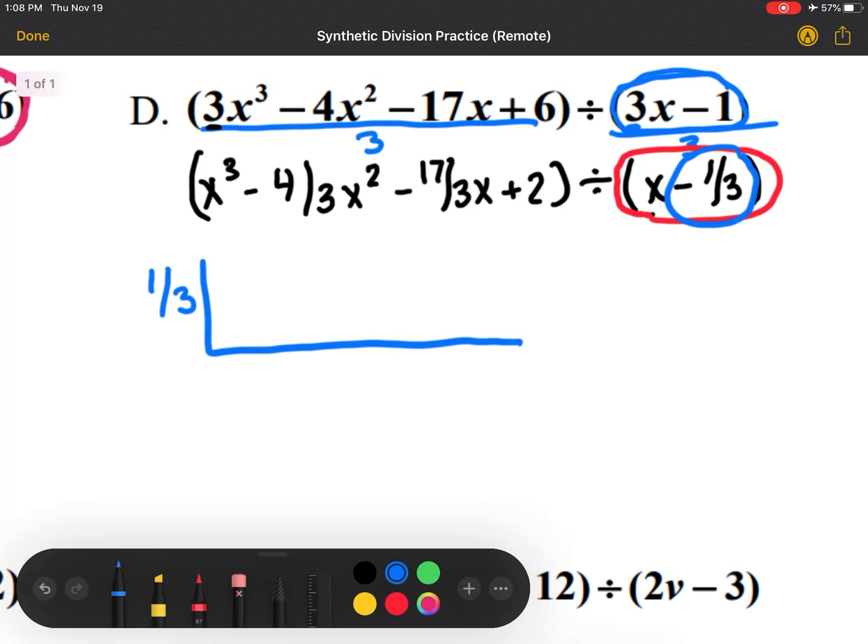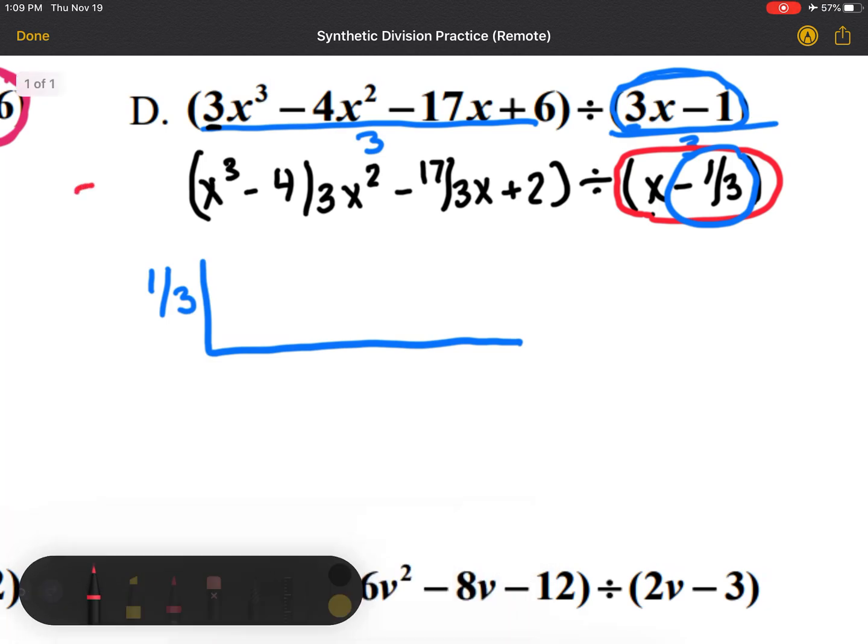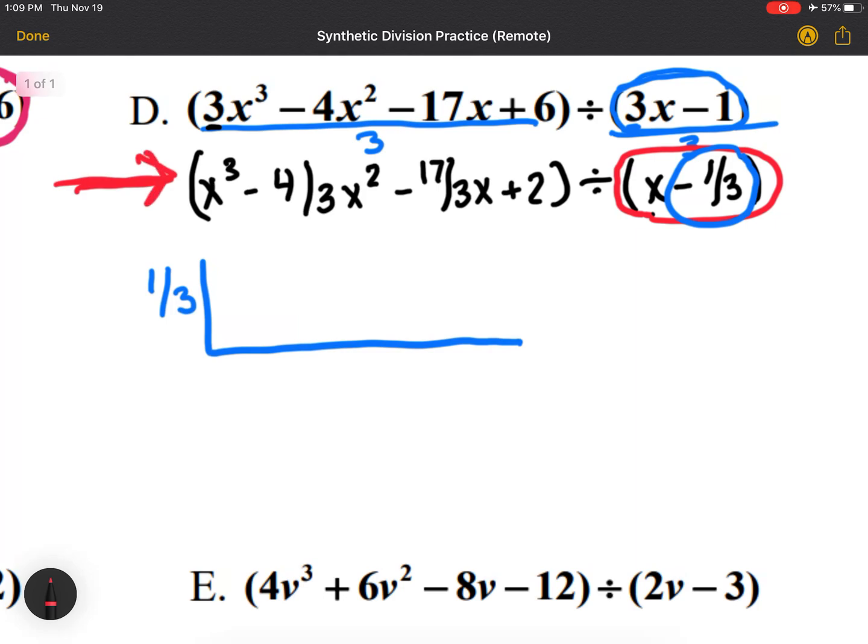Not from the original, I want the ones from this one here, the one that we divided by, okay? So I'm going to take the ones from that one. So this becomes a 1 from the x to the third power, negative 4/3, negative 17/3, and 2.